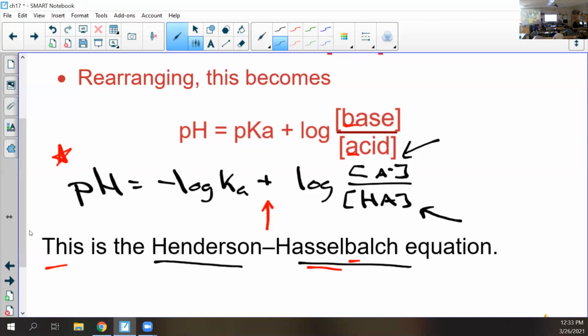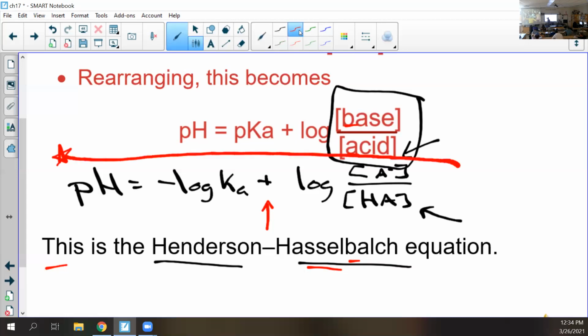The reason I want you to realize he's a bad A is so you don't flip this upside down. The most common mistake is you put this upside down. I just say Hasselback, and really I just say David Hasselhoff, even though that's not even remotely close to this person, but it doesn't matter. This equation is really important and extremely useful.